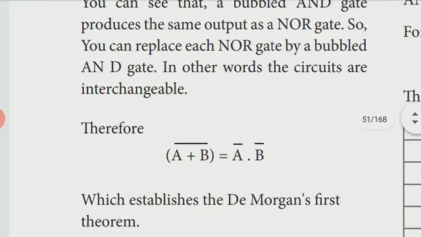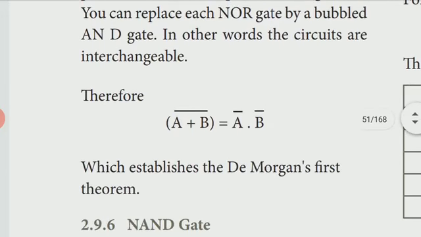So, that you can write here as (A + B)' equal to A' dot B'. It is one of the De Morgan's theorems. So, (A + B)' equal to A' into B'. This theorem you already studied in 10th standard and all. So, it is easy for you.